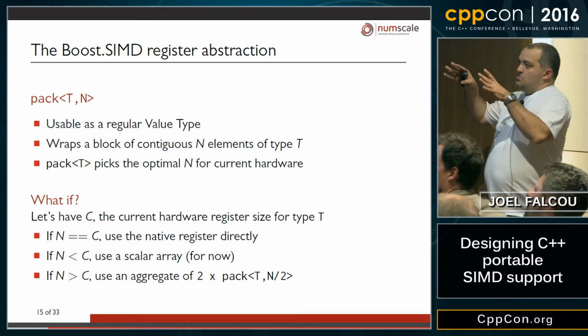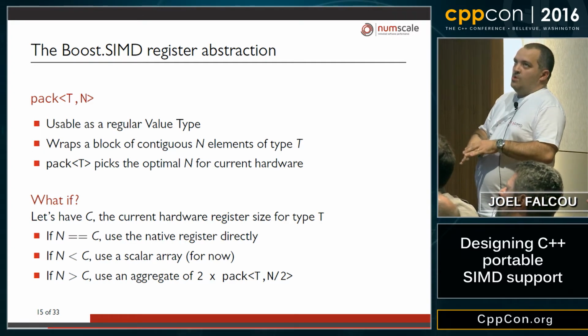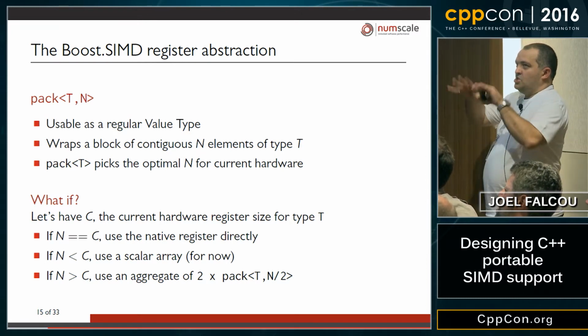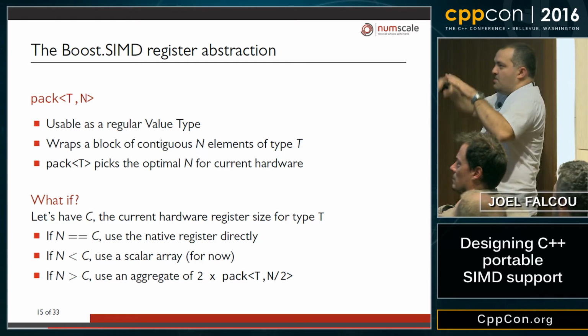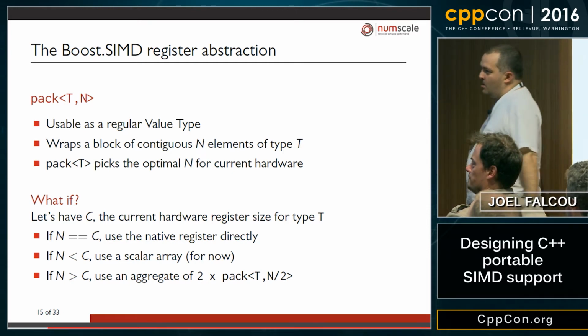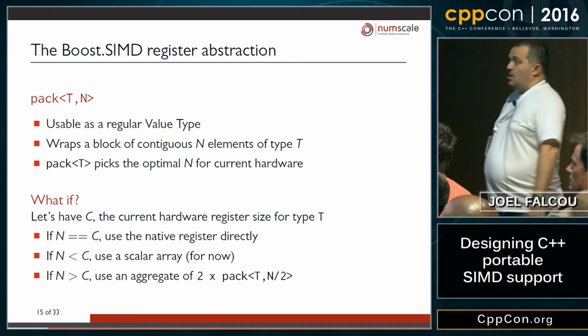So basically, either you have the native register you want, or you will have a succession of intermediate representations that will end up aggregating the proper number of native registers.